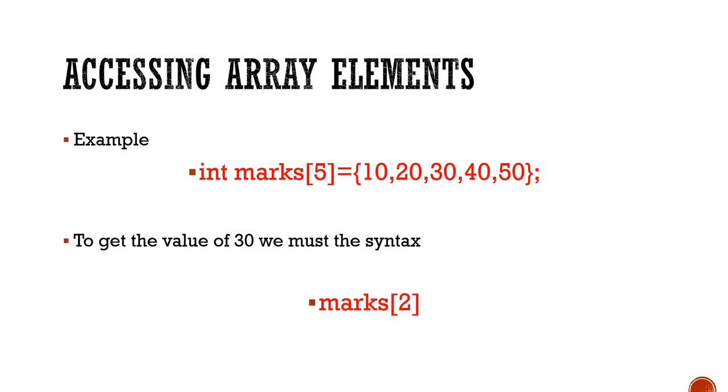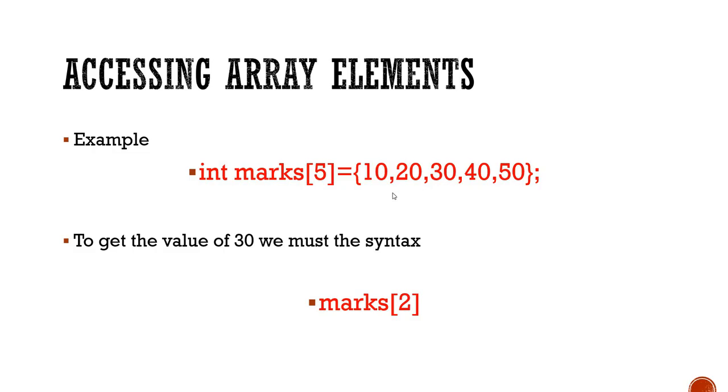See, int marks[5] = {10, 20, 30, 40, 50}. Okay, right? So if you need to access the value 30 which is present in marks, how can you access it? As I told you in the previous slide, we can access the value with the help of the index, right? So now tell me, what is the index position of 30?